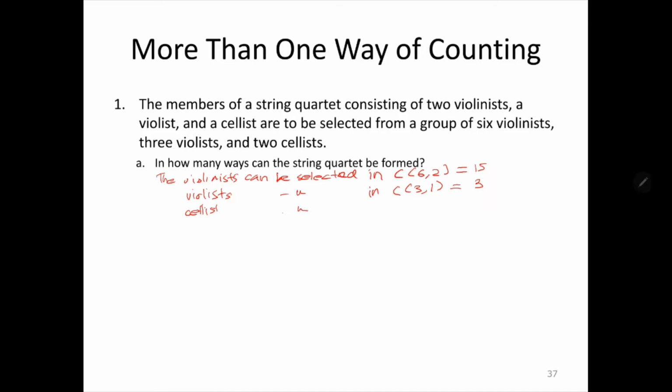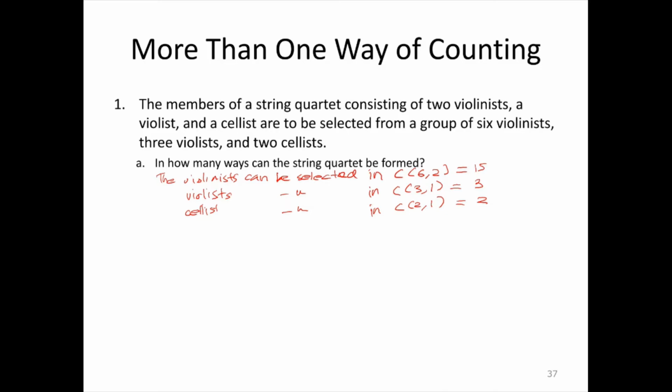Can be selected in how many ways? Again, we have 2 cellists and then we choose one of them. So this is equal to 2. So we use combination here.